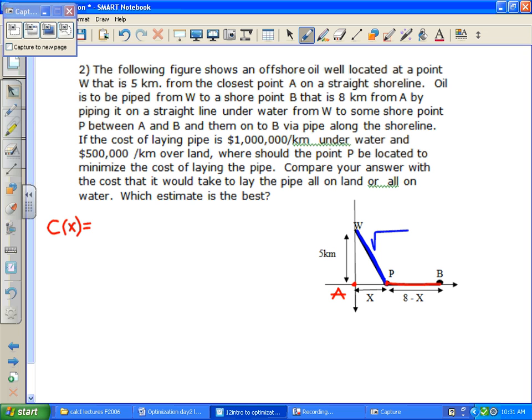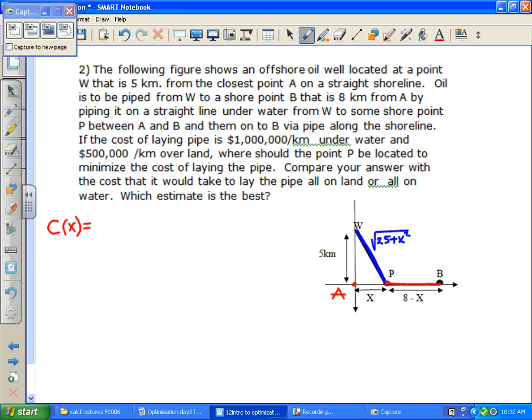That's the hypotenuse of this triangle, right? So it's the square root of 5 squared plus x squared. In other words, the square root of 25 plus x squared. That is the length of that cable. And we know that because they said the oil well was 5 kilometers offshore. So we knew that distance was 5 kilometers.